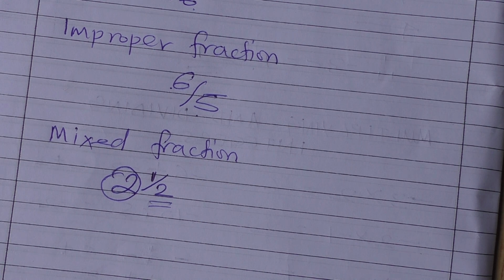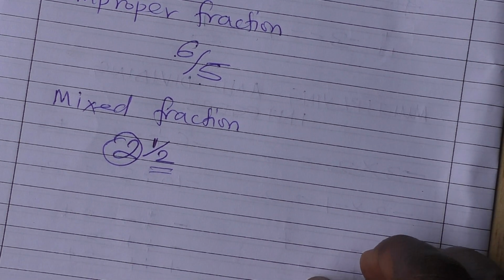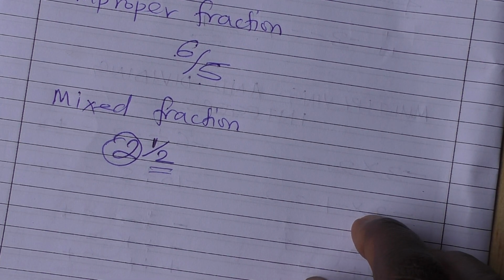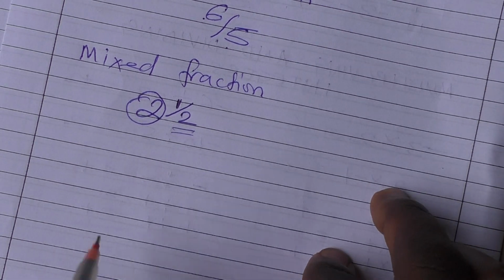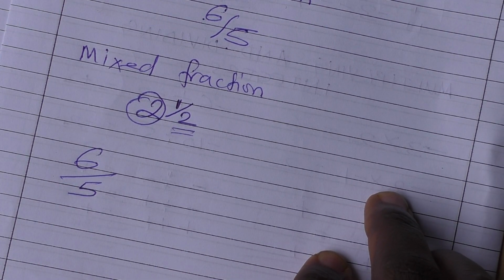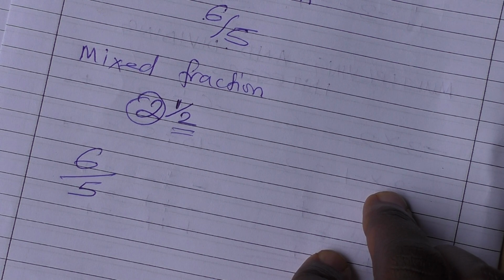After looking at the types of fractions, let us look at how we come up with a mixed fraction. A mixed fraction is got from the improper fraction. For instance, if I have 6 over 5, which is an improper fraction, I can change this to a mixed fraction.